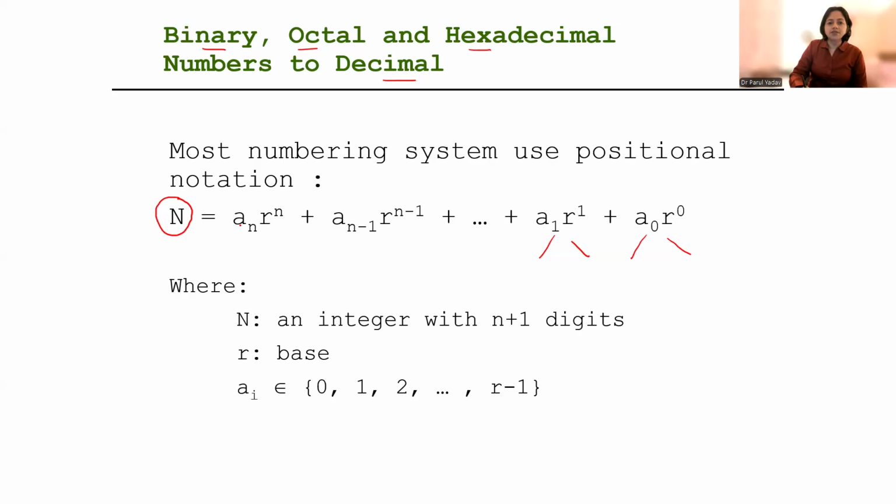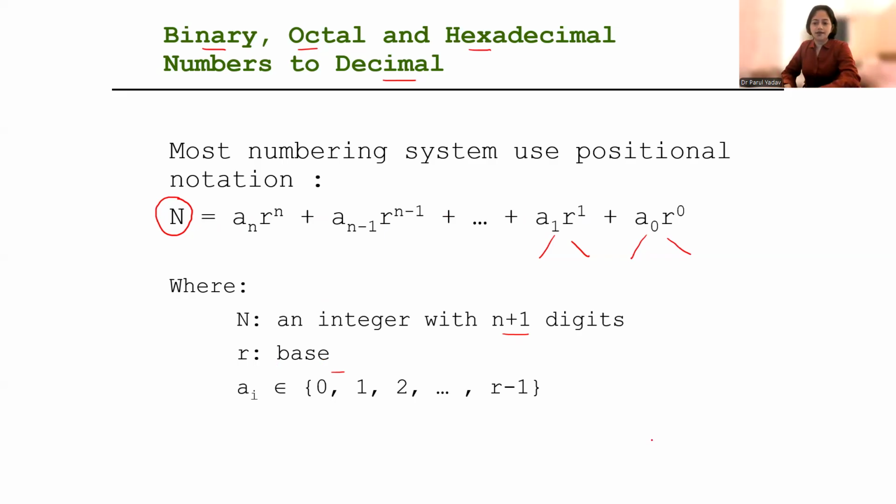So this is N is equal to a_n r^n plus a_(n-1) r to the power n minus 1, plus a_1 r to the power 1, plus a_0 r to the power 0, right? So n is an integer with n plus 1 digits. r is the base, right? So a_i will range from 0 to r minus 1, where r is the base.